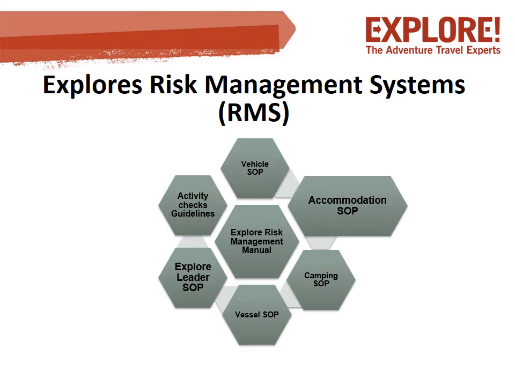With vessels and boats, we do have a safety system in place where we require that every boat be checked that goes half a mile offshore and every boat that we sleep in. With Explore leaders, we have a detailed checklist between us and the national tour operator to make sure that all of our leaders are adequately prepared and trained before going out to lead trips for us.